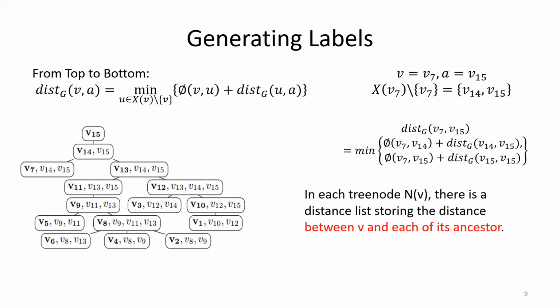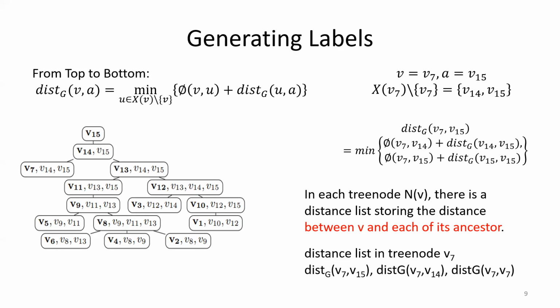In each tree node, we should have a distance list storing the distance between V and each of its ancestors. Like in the tree node V7, the distance list is the distance from V7 to V15 and then to V14 and then to V7 itself.